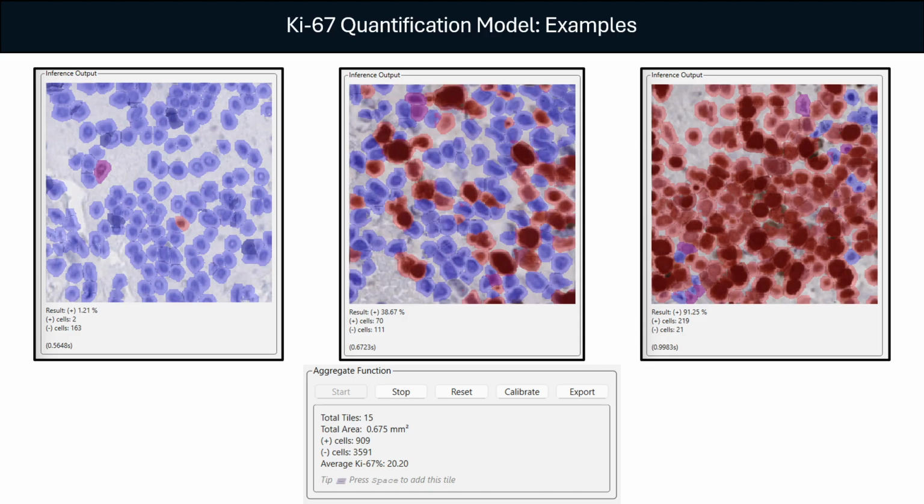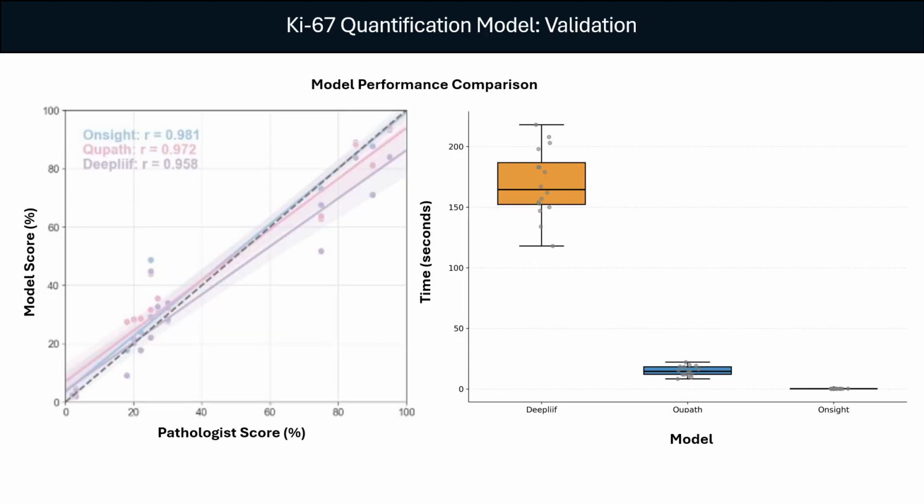And in both cases, we can see that OnSight was accurately picking up and highlighting cells as either red or blue, depending on if they were positive or negative. And again, we have an aggregate function where you can sum up regions, and it will give you the total number of positive as well as negative cells, as well as a percentage and the total area covered.